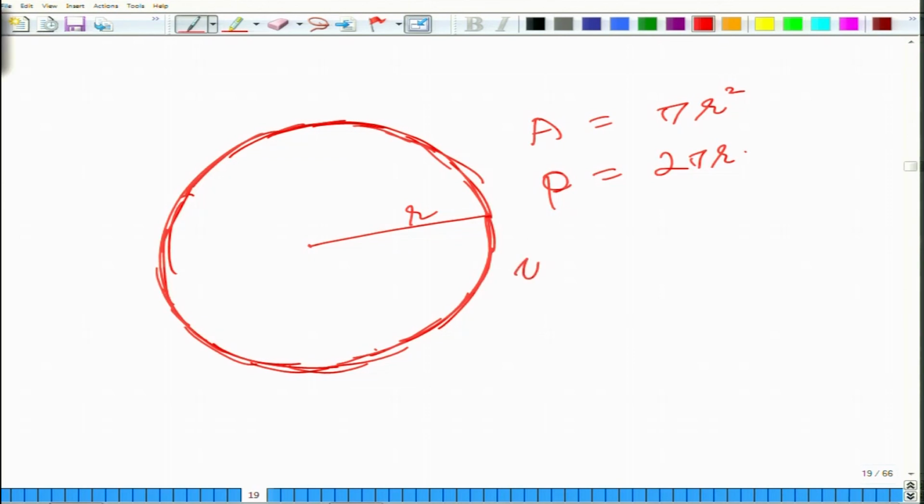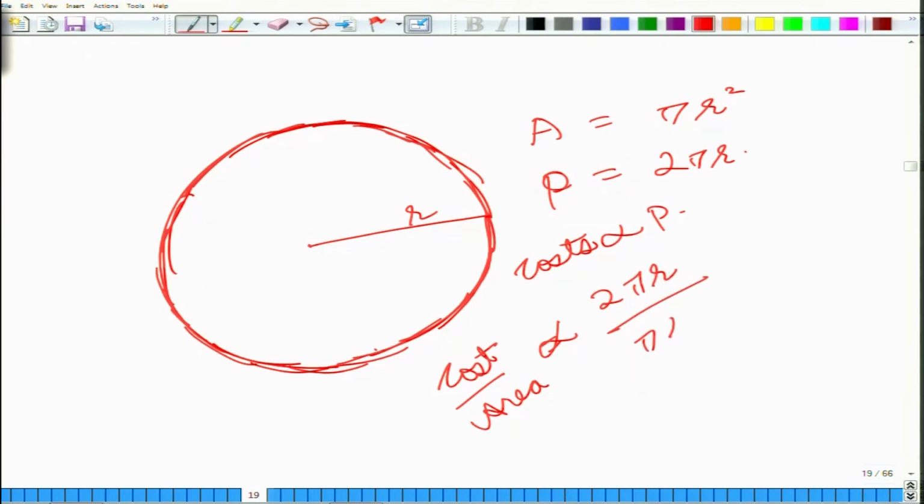So, our costs are proportional to the perimeter of this area. Now, if we look at cost per unit area, that is proportional to 2 pi r, which is the perimeter, divided by pi r square. So, pi gets cancelled out, and this is equal to 2 by r.